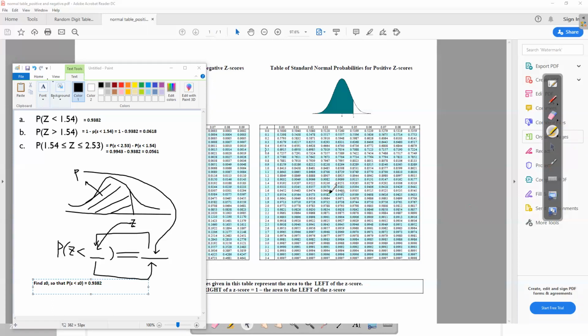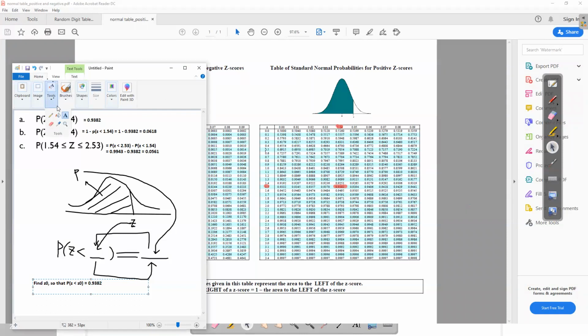This is in increasing order, so it's not too bad. When the number is smaller, just keep looking, right? So 0.9382 is right here. Then the Z-score matching this probability has to be 1.54. So the Z-score we're looking for is 1.54. And that's it.